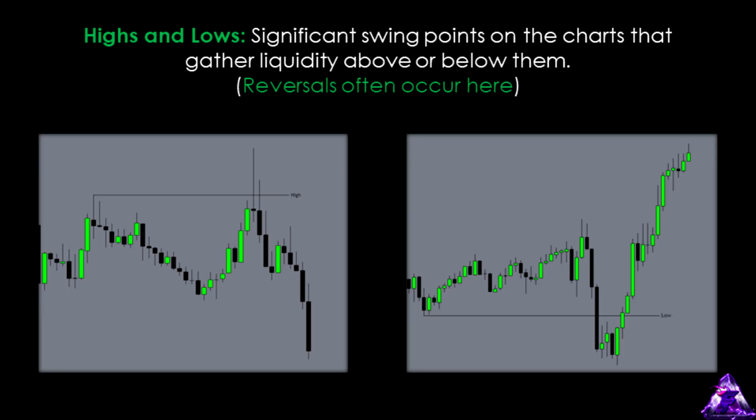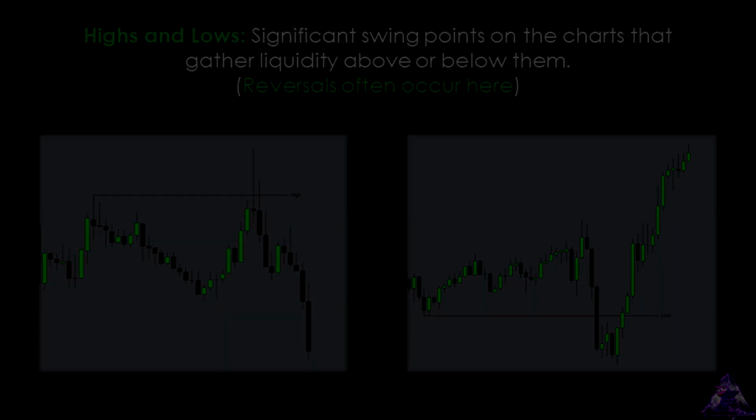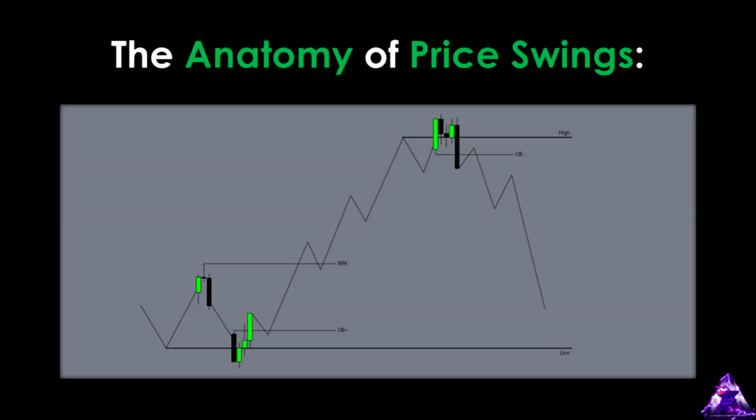They are essentially the key points that drive the market. During a reversal, the price often targets a high before reversing immediately. Similarly, during an expansion, the price usually takes out a low or a high to grab liquidity before continuing its movement. Let's move on to another slide.